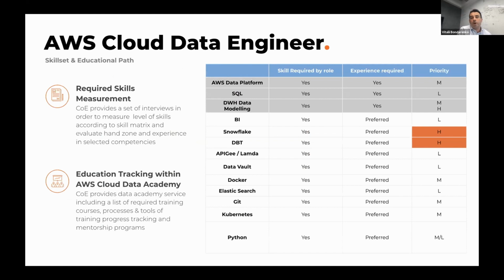For required skills, we define AWS Data Platform, SQL in general as a language and approach in a data warehouse, and data modeling. Other skills we train here at Ciklum using the Academy approach, and among them BI, Snowflake, dbt, Lambda, Data Vault, Docker, Elasticsearch, Git, Kubernetes, and Python.